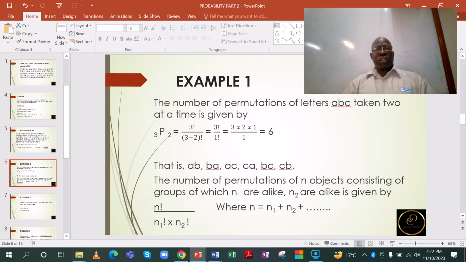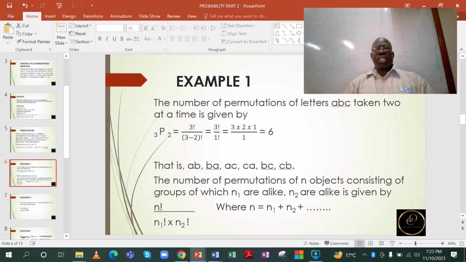So n factorial, which is 3 factorial, divided by open bracket 3 minus 2 close bracket, then the difference, get the factorial of that, meaning that you simplify to 3 factorial divided by 1 factorial.